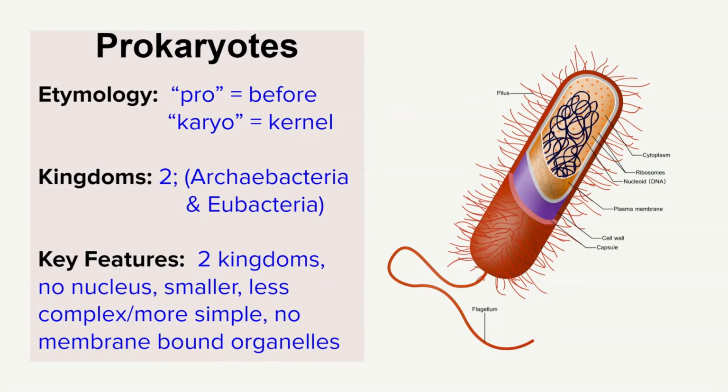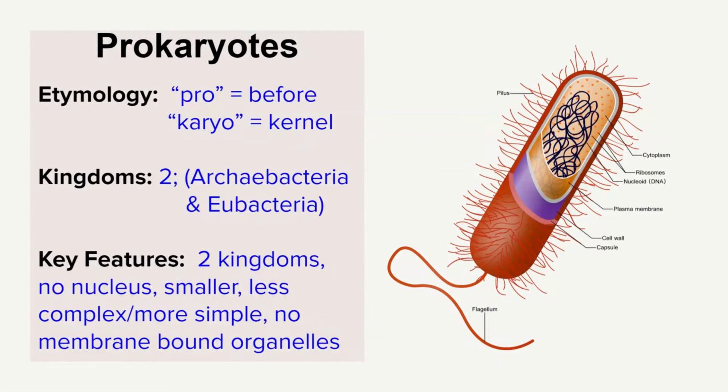Now, you now have a table in your notes that has prokaryotes and eukaryotes. We're going to focus on prokaryotes first, so please fill in your table utilizing what's in blue. So again, etymology, how do we break down the word? Pro means before, karyo means kernel, nut, whatever it means, but a little compaction, a unit.